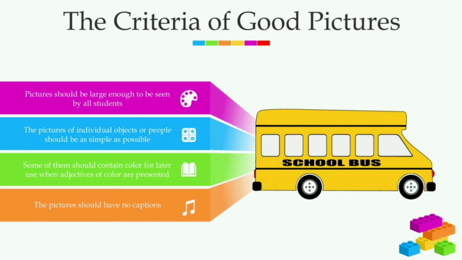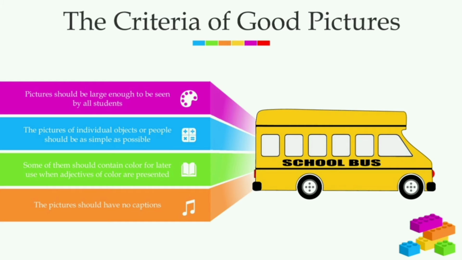The first is the picture should be large enough to be seen by all students. The second, the picture of an individual object or people should be as simple as possible. The third, some of them should contain color for later use when adjectives of color are presented. The last, the picture should have no caption.